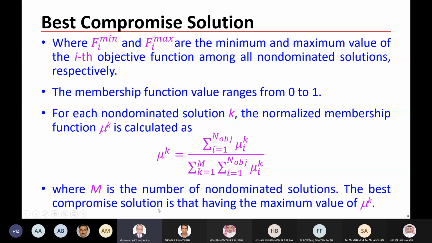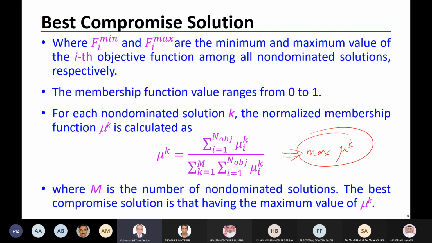So the best compromise solution is that having the maximum value of mu k. The solution that gives you the maximum of mu k is selected as the best compromise solution.